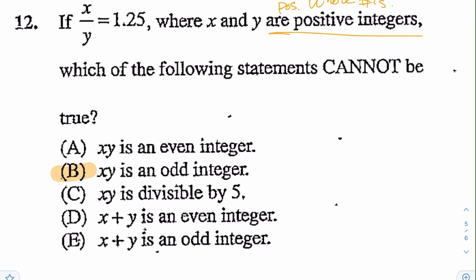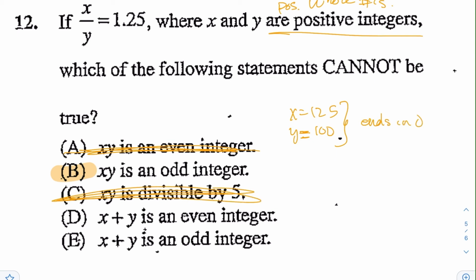Well, if you have 1.25, you can have x equals 125, y equals 100. And if you multiply x times y, 5 times 0 will give you a number that ends in 0, so this could be true. So we can eliminate that.